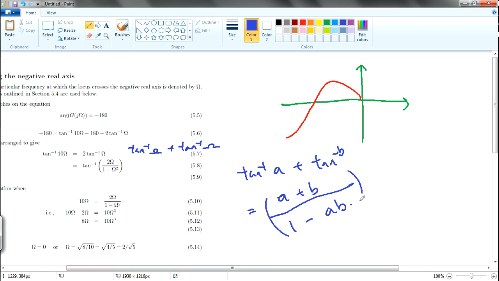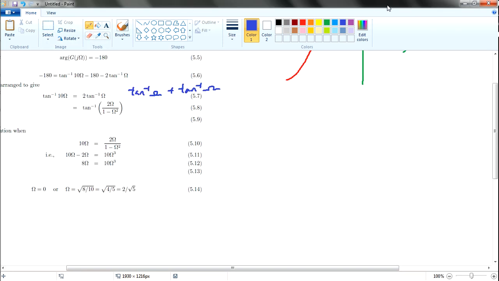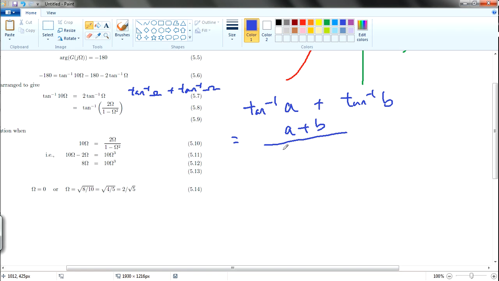This is the trigonometry rule. So let me define the trigonometry rule in this video: tangent inverse A plus tangent inverse B equals tangent inverse of (A plus B) over (1 minus AB). This is for when you have two terms.